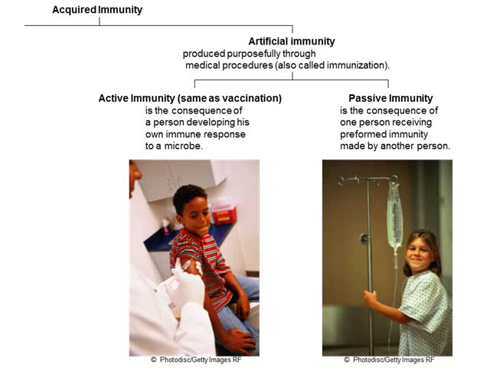Besides natural immunity, you can also acquire immunity by artificial means. This is done through any type of medical procedure, so immunizations. Active immunity, this is like a vaccination. So you're vaccinated with part of the microbe, and then your body can react to the microbe.